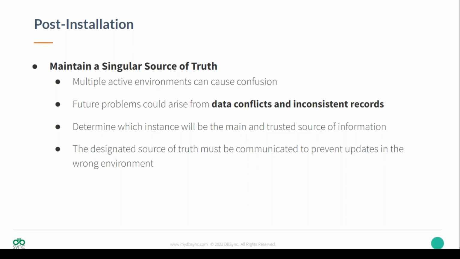The designated source of truth must be communicated to prevent updates from being made within the wrong environment, right? So you have to choose a particular source of truth, and that should be communicated within your team.